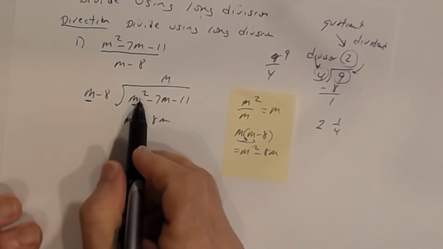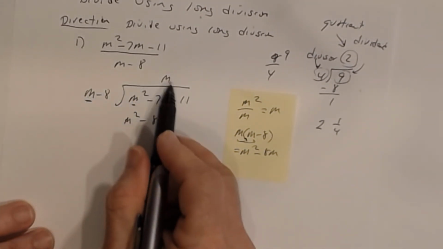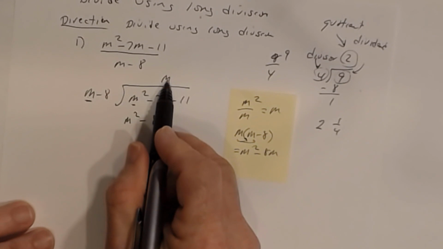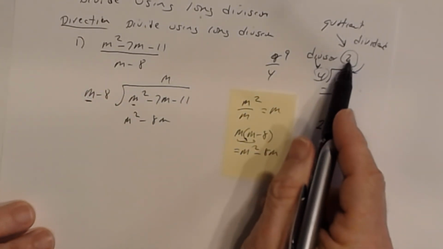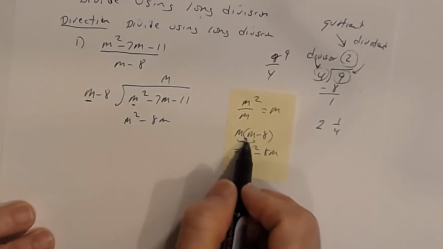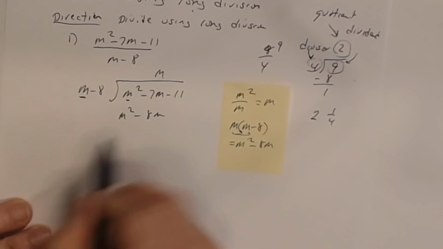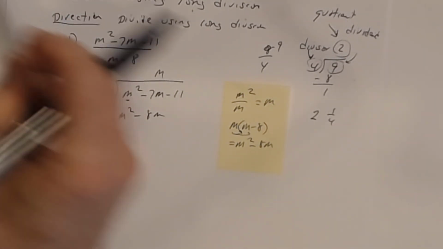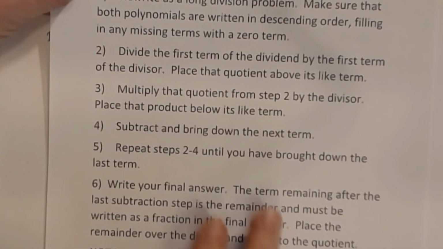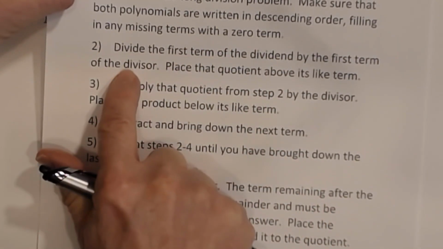So let's kind of review. The first thing you're going to do is say m squared divided by m. So that's just right here, is m. Then, just like you did here with 2 times 4, you're going to do the same thing: m times m minus 8. M times m minus 8 is m squared minus 8m. That goes here. Okay, so let's go through the steps. Step 2, remember, divide the first term of the dividend by the first term of the divisor.